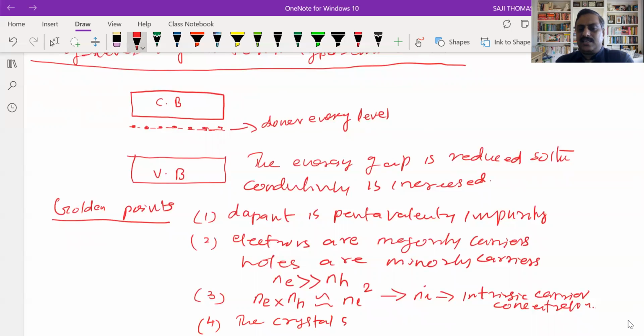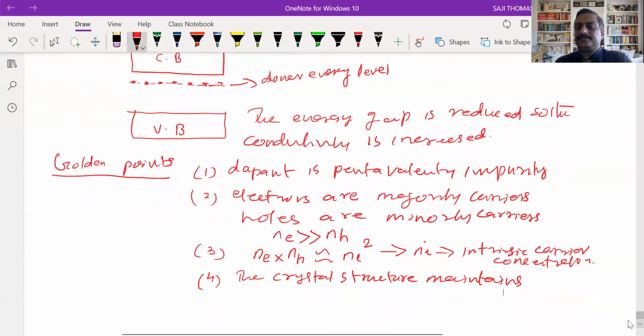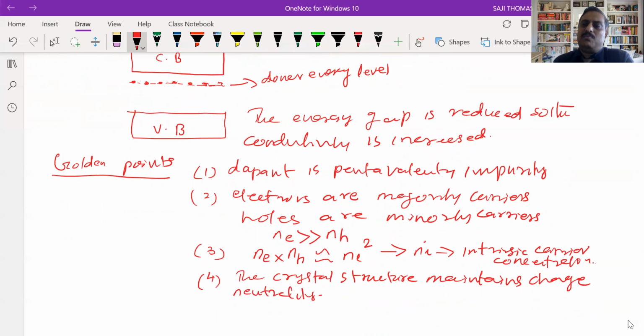The crystal structure maintains charge neutrality. Why is it so? Because the number of additional charge carriers supplied by the impurity atom is equal to the number of ionized cores in the lattice.